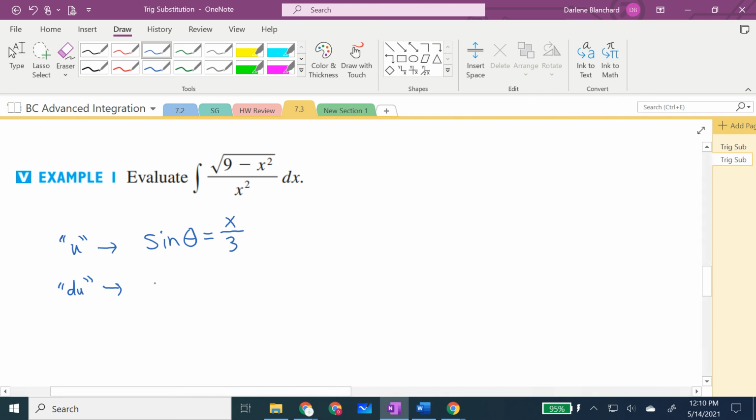So derivative of sine theta is cosine theta. And then with the implicit part of it, I'm going to put times d theta. On the other side, I have the derivative of x over 3 is 1/3. And the implicit part is bringing in the dx.